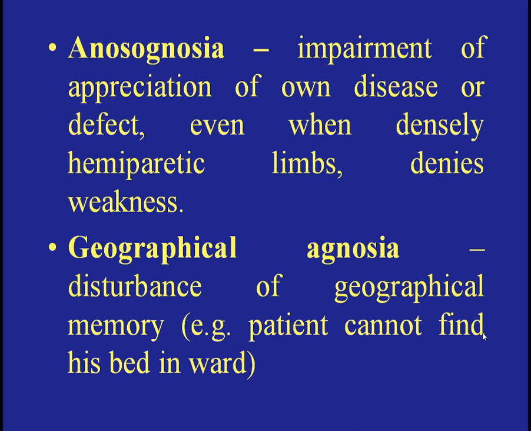Anosognosia: impairment of appreciation of own disease or defect, even with densely hemiparetic limbs the patient denies weakness. For example, I remember a patient, an old lady with hemiplegia of extremities.